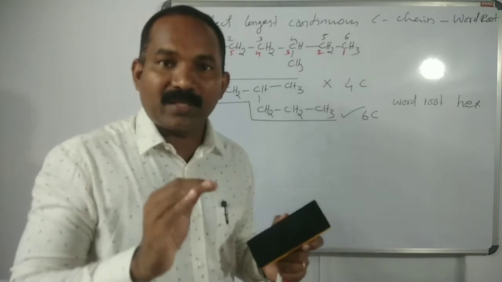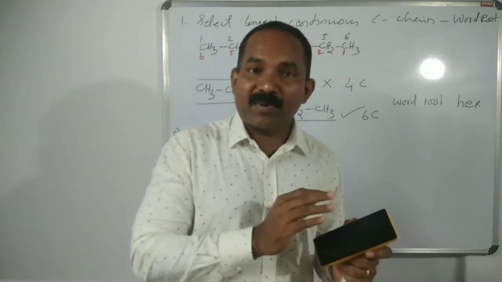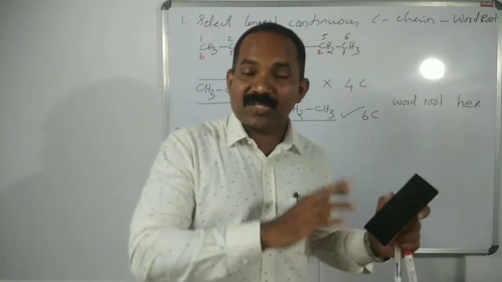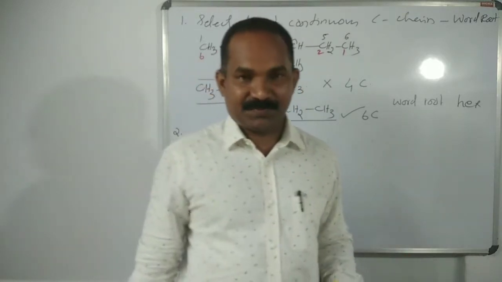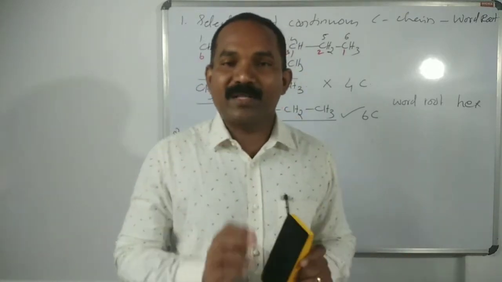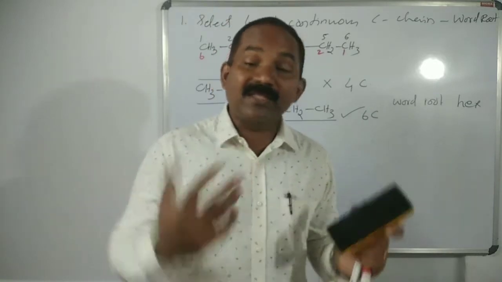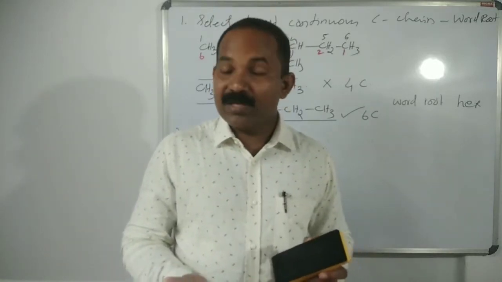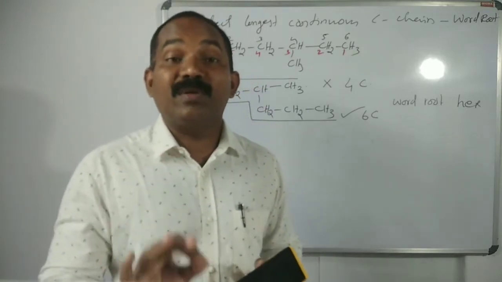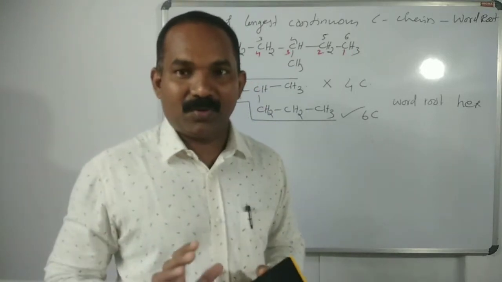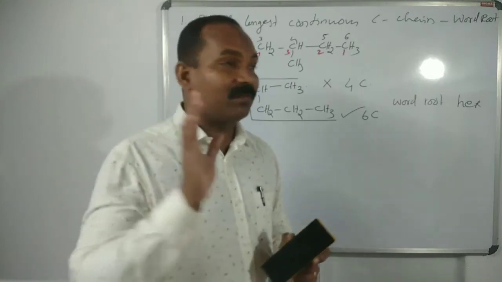The rule is to number the longest hydrocarbon chain from one end to the other end. While numbering, if there is any substituent, the substituent will get the lowest possible number.